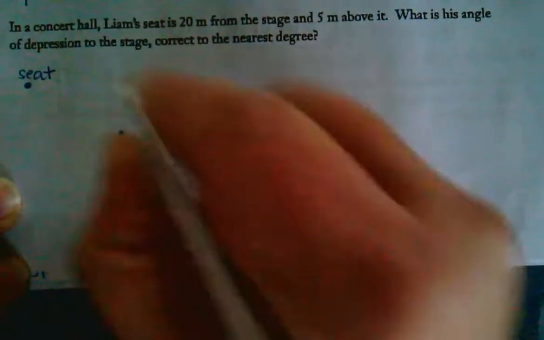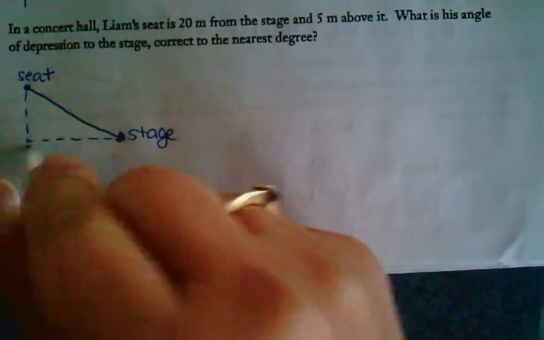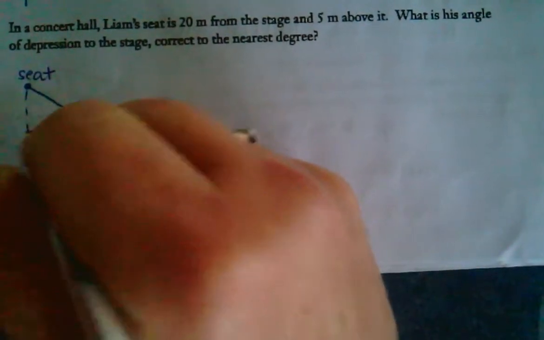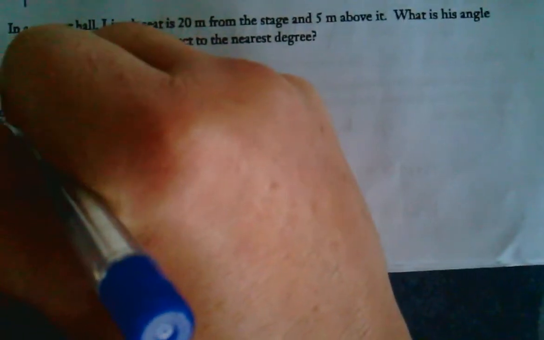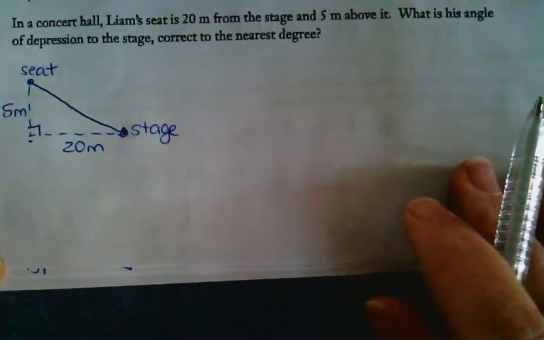Liam's seat is 20 meters from the stage. His seat is higher than the stage, and the stage is down here. I'm going to draw a dotted triangle for now. His seat is 20 meters horizontally from the stage, and 5 meters above the stage, but they're asking for the angle of depression to the stage.